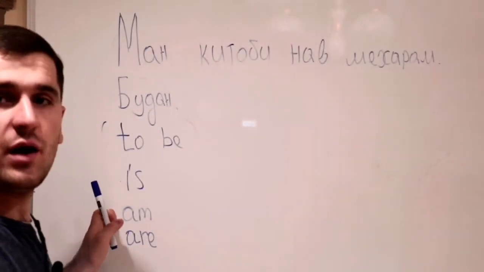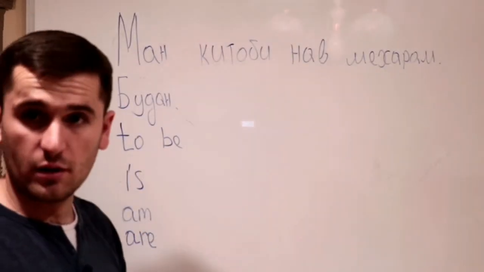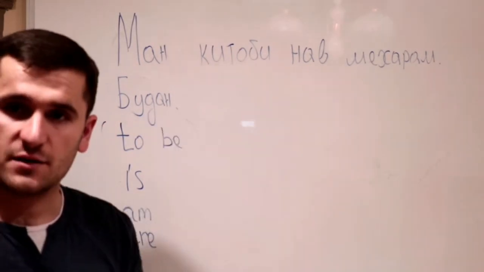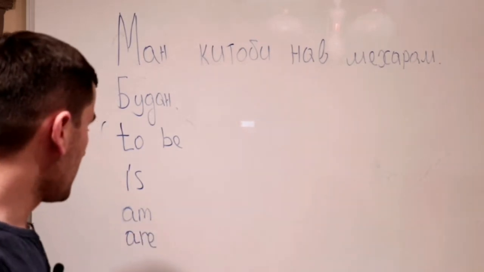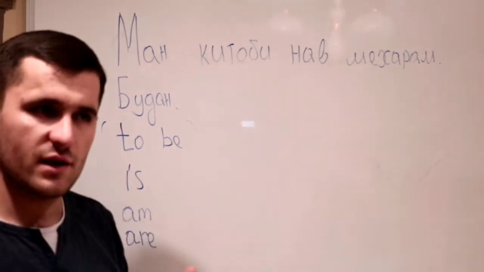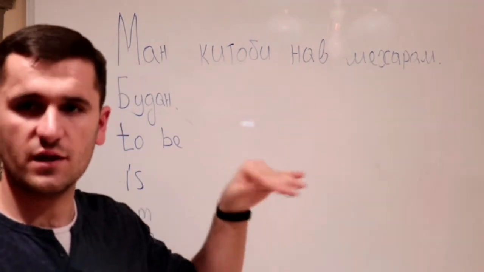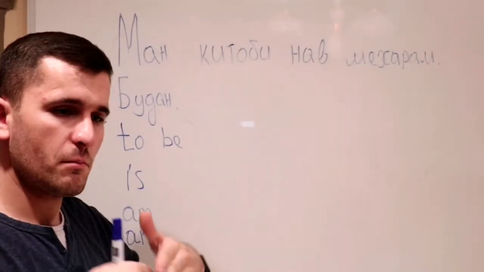When we want to say about ourselves, we say I am a teacher. If you mean several persons or several objects or subjects, you say we. For example, we means I, my friend, my brother, my father, and so on. So that's why we are not only one person, we are many.